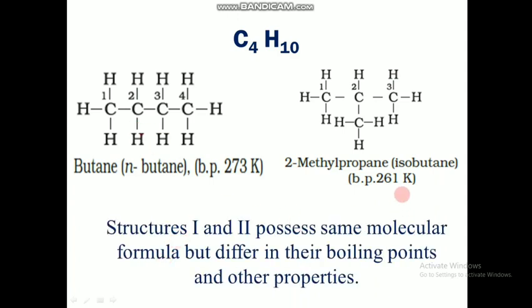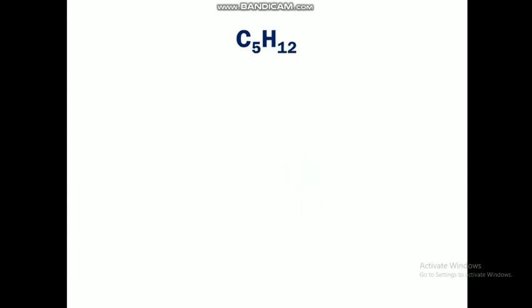Structure 1 and structure 2 possess the same molecular formula but they differ in their boiling points and even in other properties. So this nature of hydrocarbons to show the same molecular formula but different properties according to their structural difference is known as isomerism.